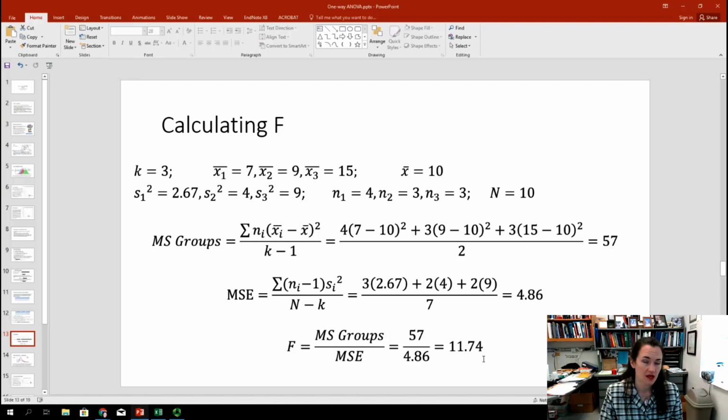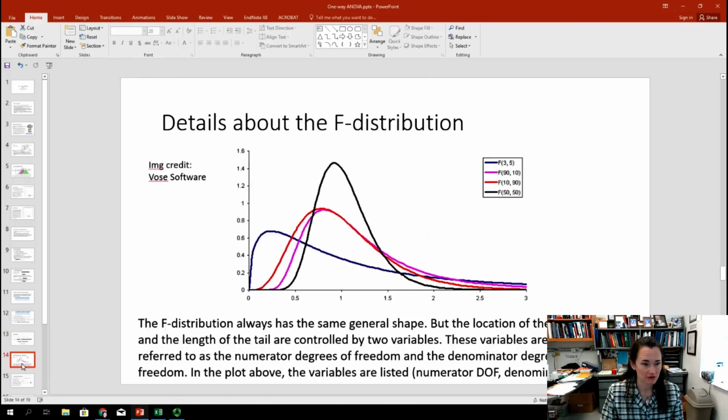Okay? So we've gone through how to calculate an F-statistic. But now that we have it, what do we do with it? Well, we need to look at the F distribution and then figure out where our F-statistic of 11.74 falls on our particular distribution.